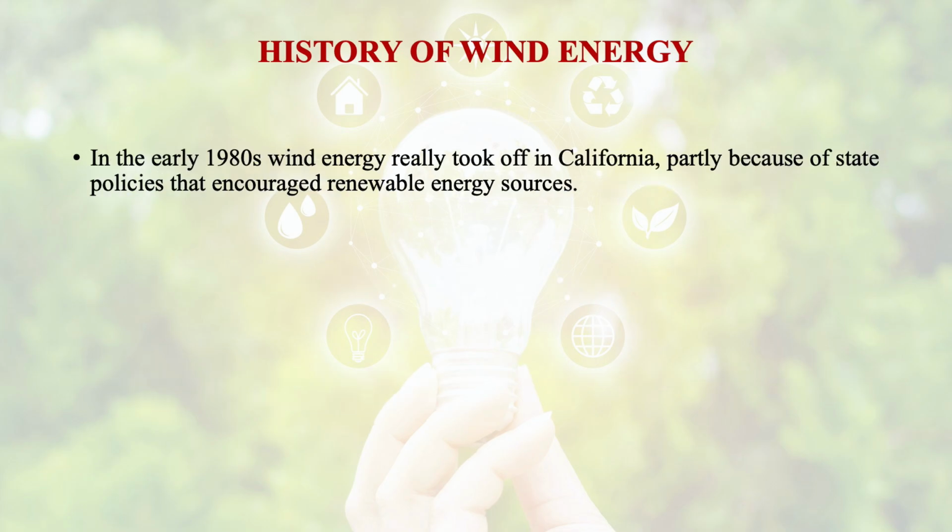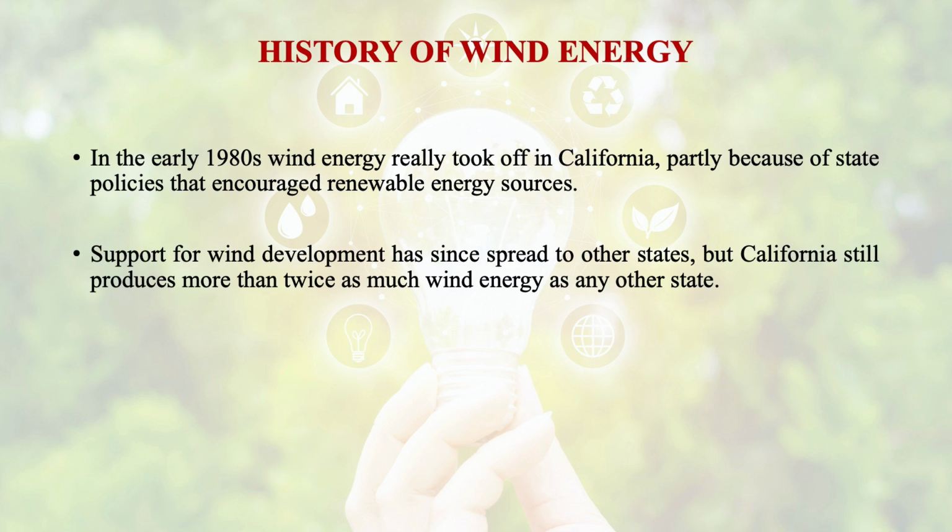In the early 1980s, wind energy really took off in California, partly because of state policies that encouraged renewable energy sources. Support for wind development has since spread to other states, but California still produces more than twice as much wind energy as any other state.